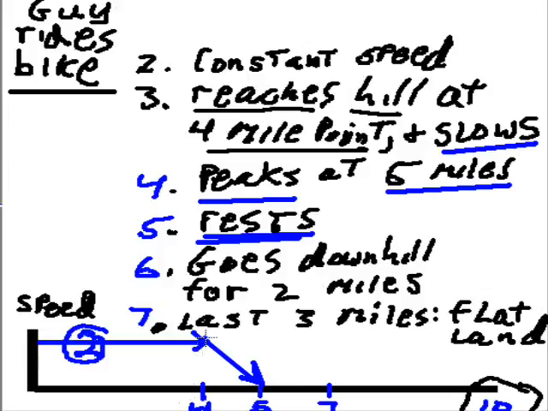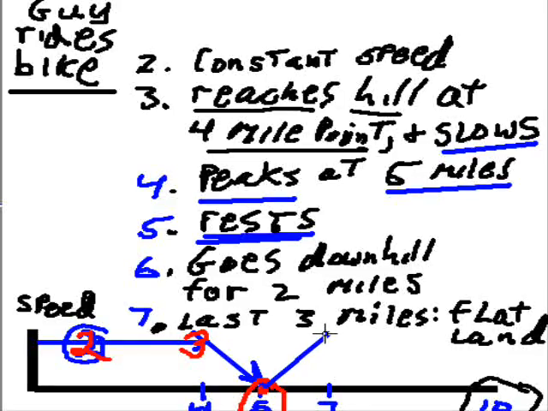He reaches the hill at 4-mile point. Here's point 3. I'll put that in red. And then it peaks at 5 miles. So here he is at 5 miles. Now he's resting. Now he goes down the hill for 2 miles. Now, that means he's going to be going fast. He's picking up speed. 2 miles.